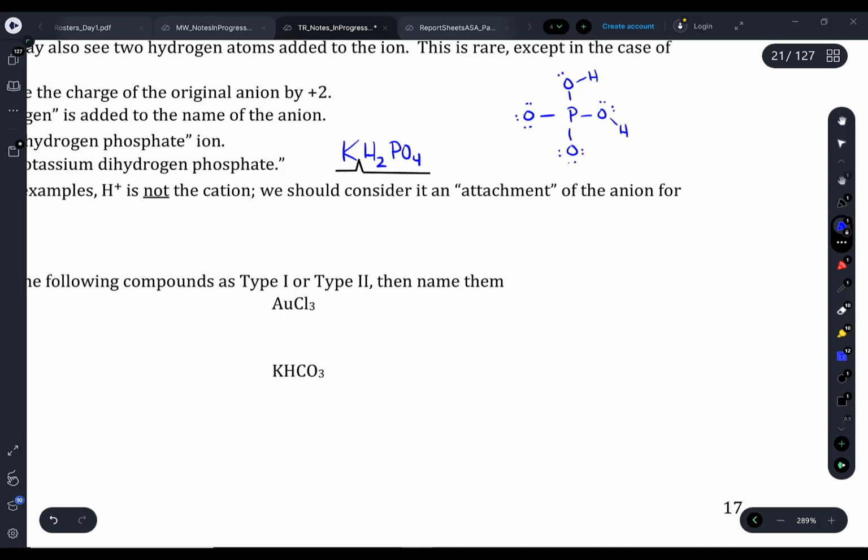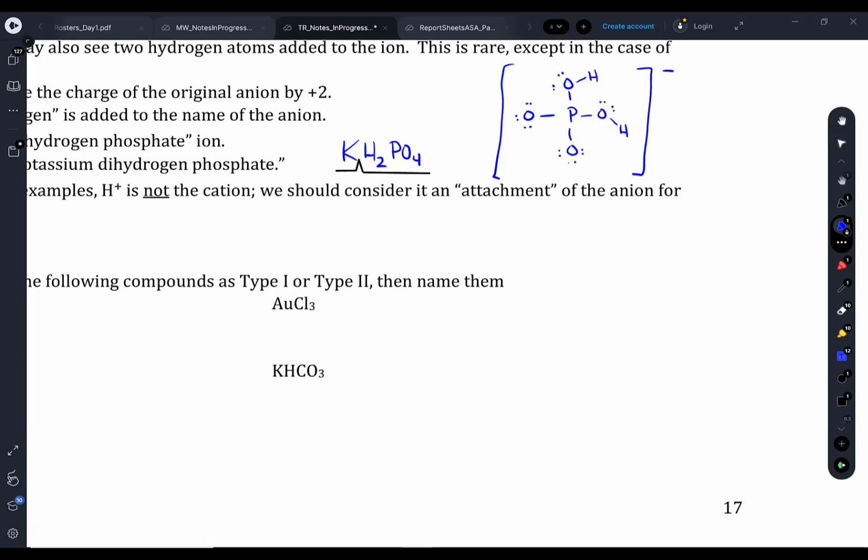If it's an ion, what do you have to do? You need to put it in brackets. Okay. Good. So you see the hydrogens clearly belong to this ion, right? They don't belong to the potassium.